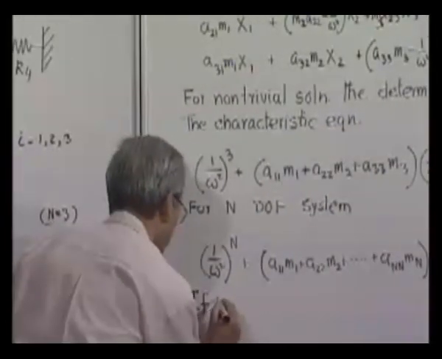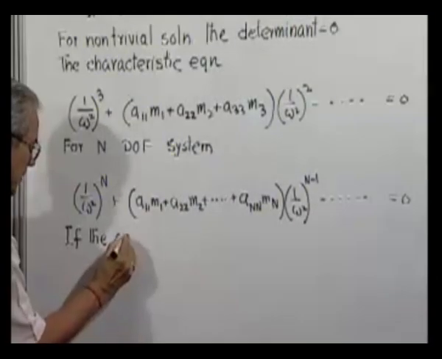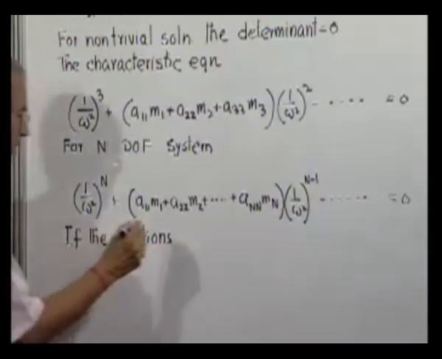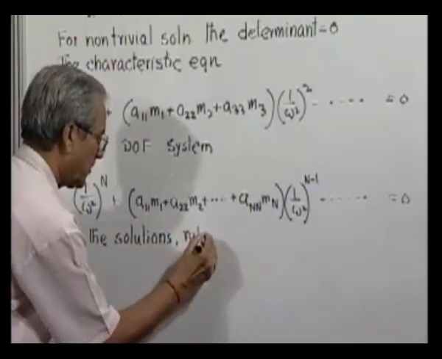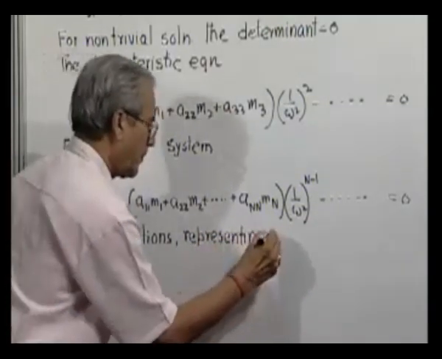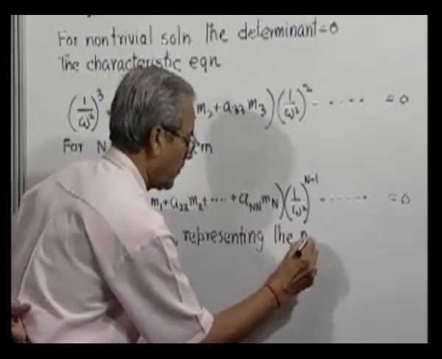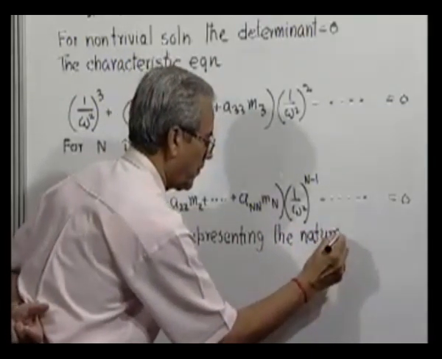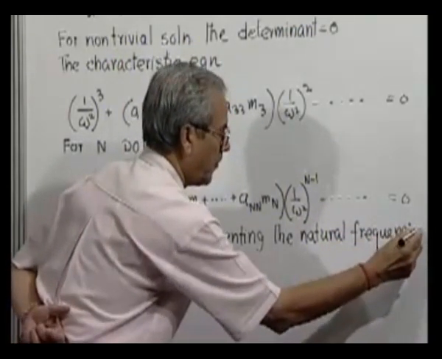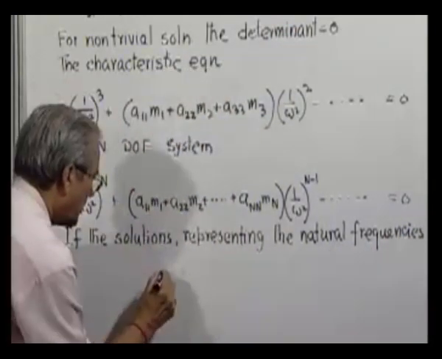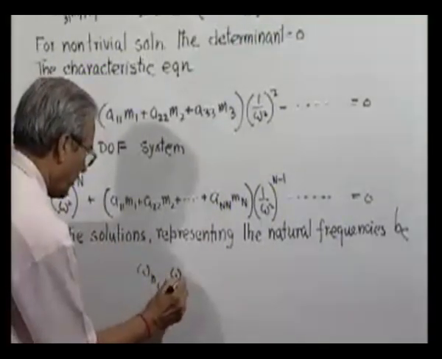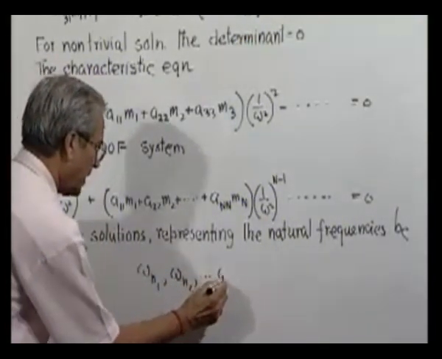So, if the solutions which represent the natural frequencies be omega n1, that is the first natural frequency, omega n2, that is the second natural frequency, and so on.